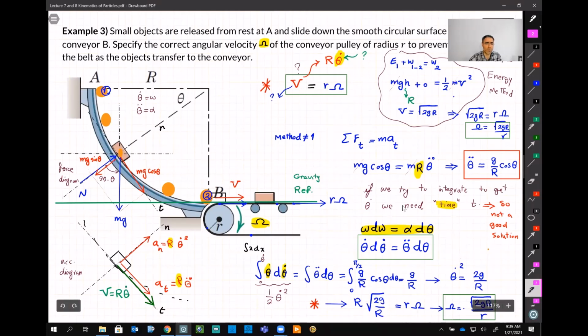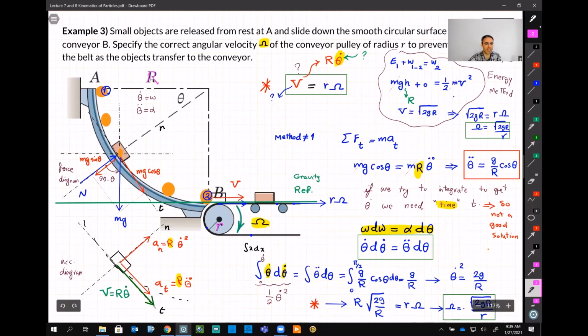Please note, when we solved this example during the lecture, I made a mistake and I confused this big R with this small r, and we didn't pay attention. So I added this portion after the lecture. We just need to be careful.